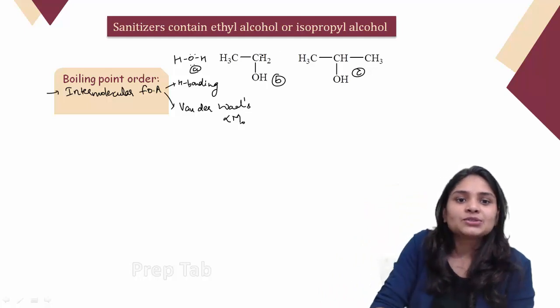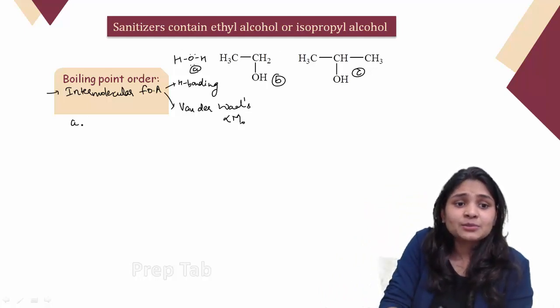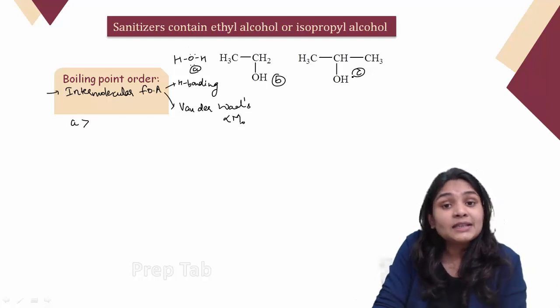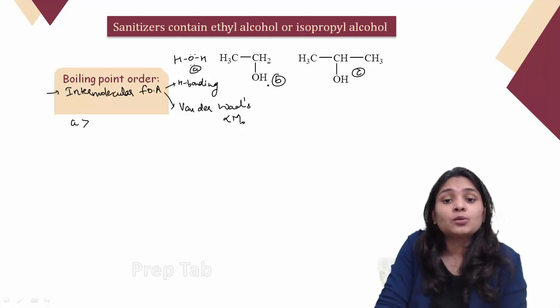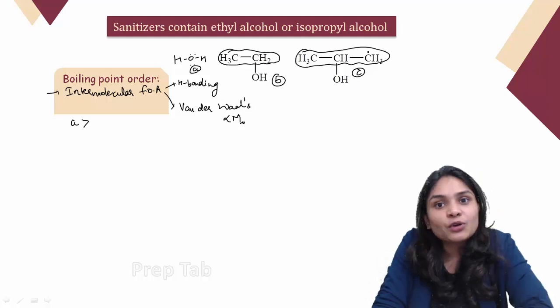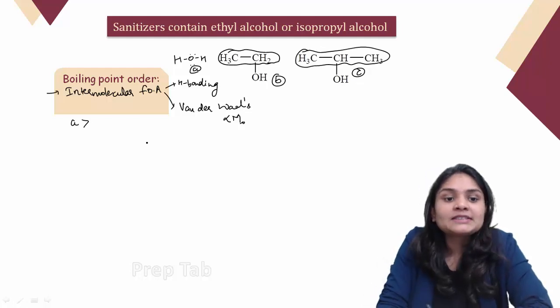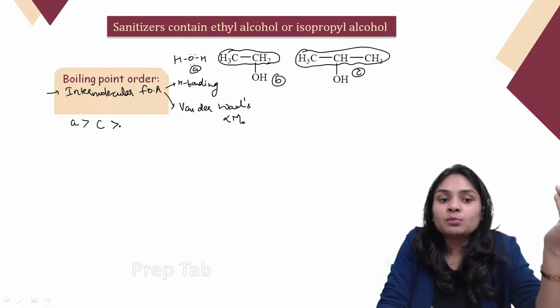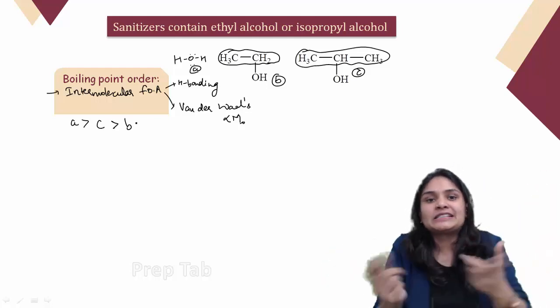So A has maximum extent of hydrogen bonding. Now if we talk about B and C, here also you have one OH. So we are going to judge from this part. Molecular weight of this is more, hence C will have higher force of attraction, hence its boiling point will be higher. So it will be ACB.